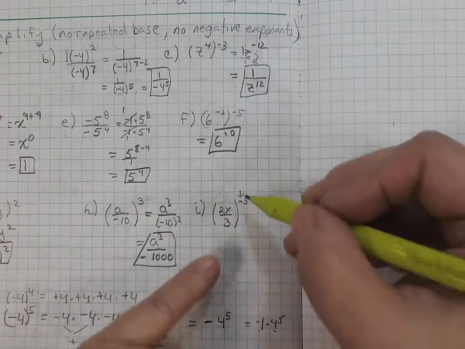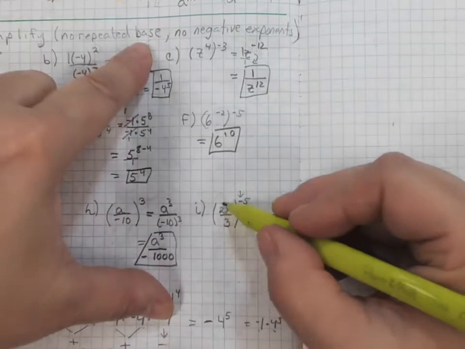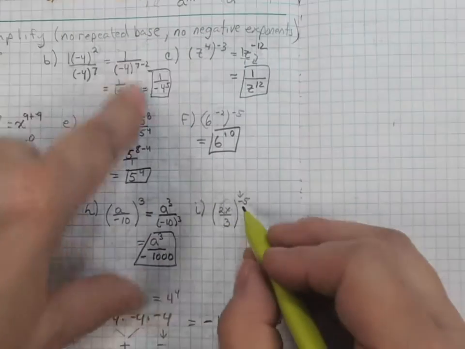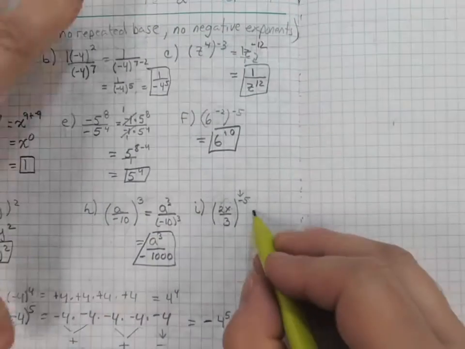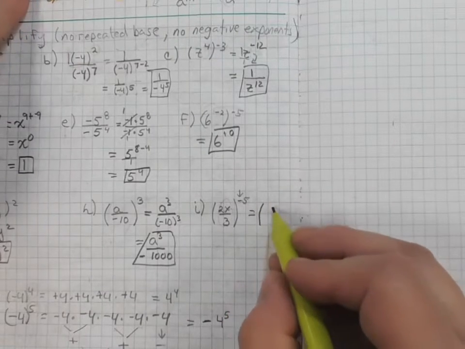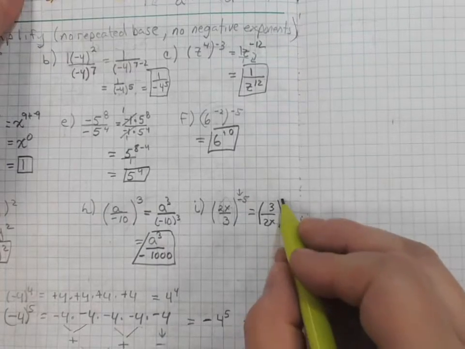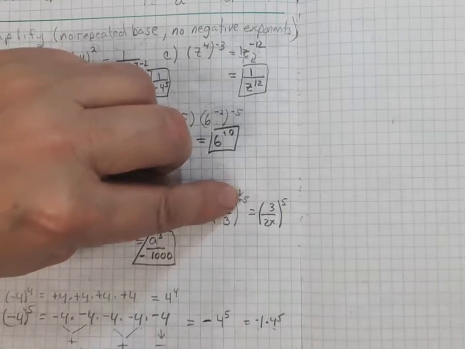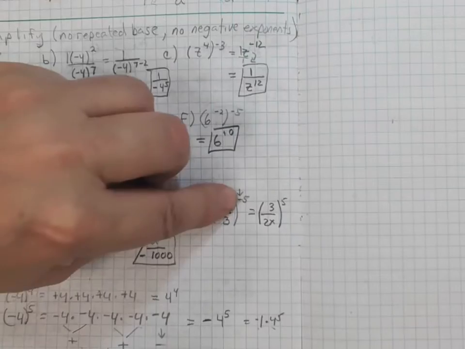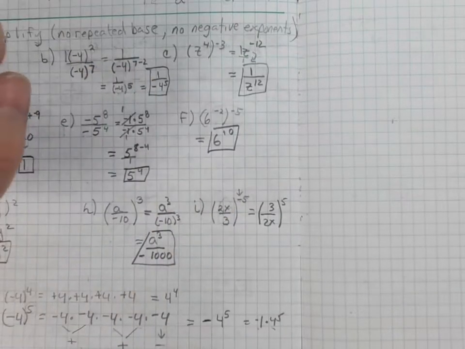All right, so negative means take the reciprocal. So I can take the reciprocal of this whole fraction, and that negative will go away. This becomes 3 over 2x to the positive 5. All right, so everything inside flips because everything inside has that negative power.